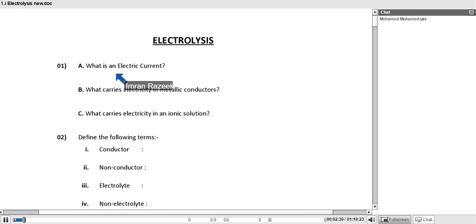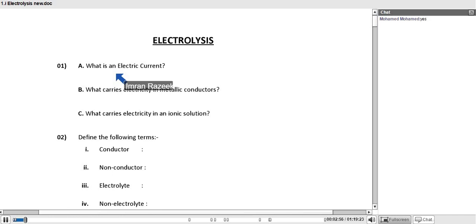Electric current can be carried by electrons, or it can also be carried by various ions, the cations and the anions. So the electricity in a metallic conductor is carried by electrons, whereas electricity in ionic solution is carried by ions.